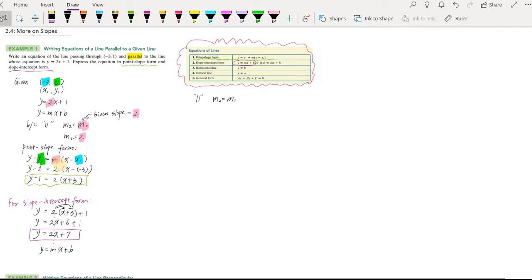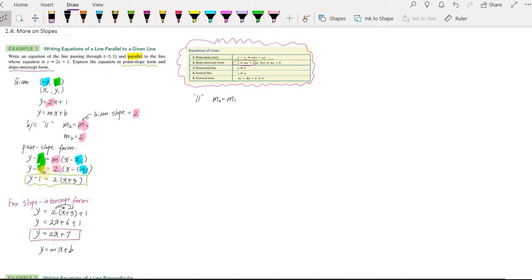Let's look again before we move on. First we find x1, y1. Look at each sentence. Parallel means m2 must be equal to m1, in this case 2. Then we recall point-slope form is y minus y1 equals m times (x minus x1), so we just plug those in.